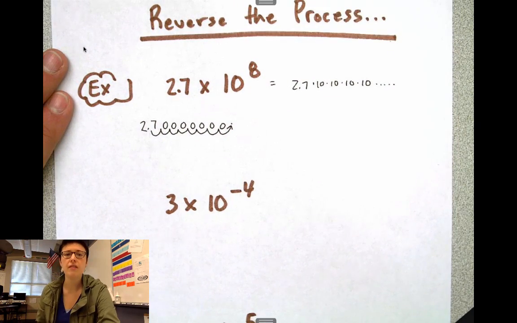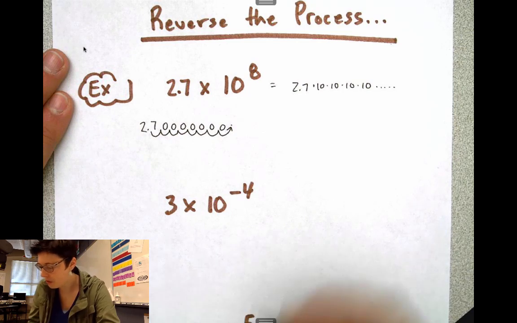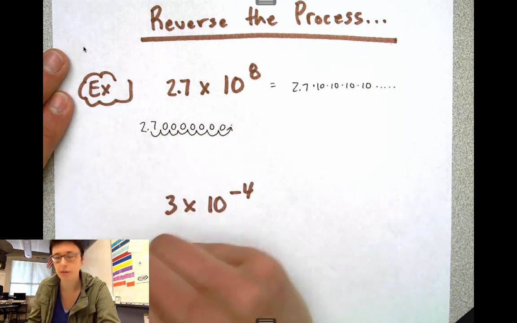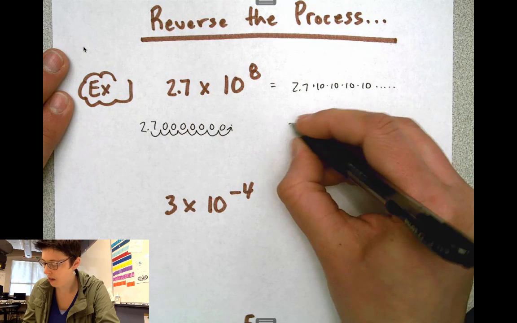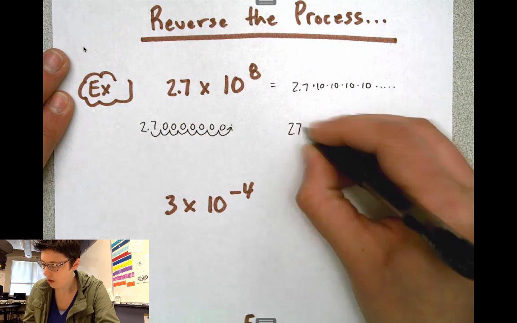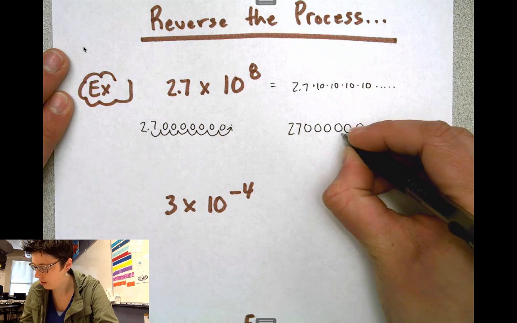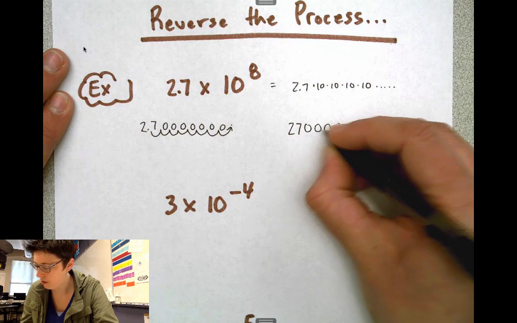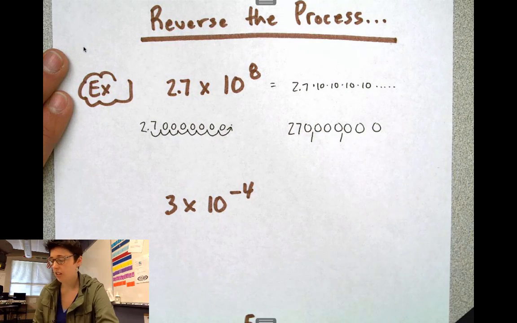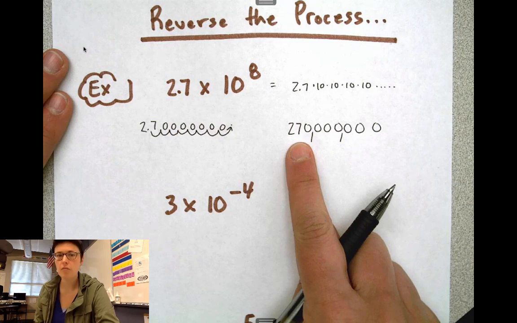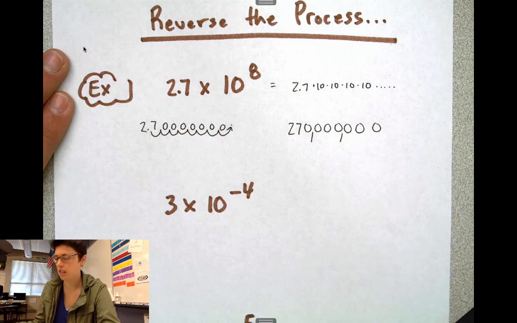So 2.7 times 10 to the 8th kind of unfolds, and I see 1, 2, 3, 4, 5, 6, 7 zeros. So I'm going to write this number out. 1, 2, 3, 4, 5, 6, 7 zeros. And every 3 I'll put my comma. 1, 2, 3. And look at that number, 270 million. It's a big number. So 270 million is 2.7 times 10 to the 8th power.